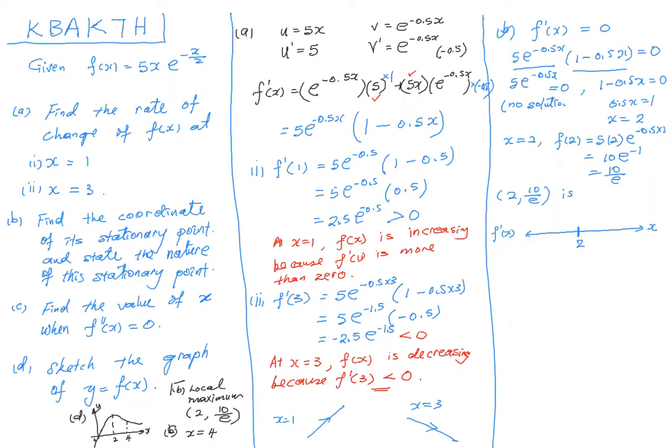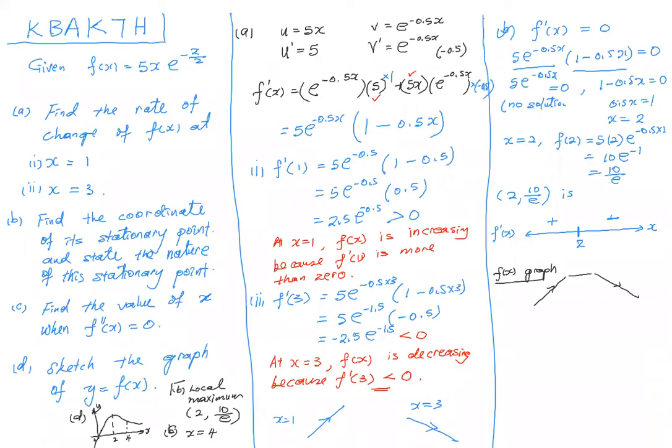Gladys, what is the sign for this region? Negative. Okay, negative. What is the sign for this region? Positive. So you look, that means my f(x) graph for this part is going up, stationary, go down. Correct?